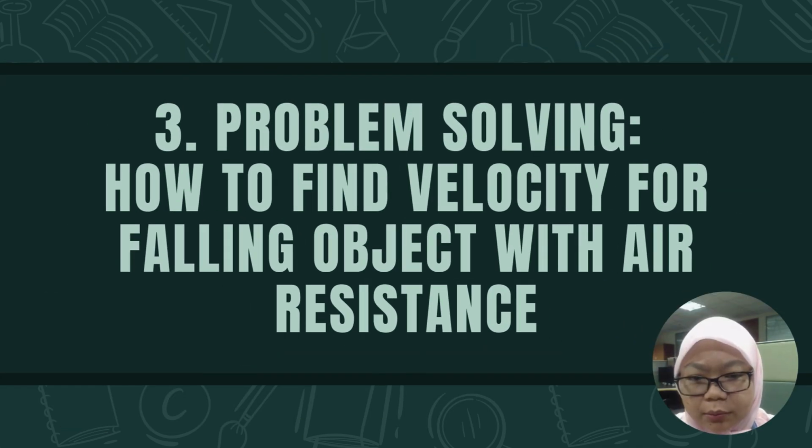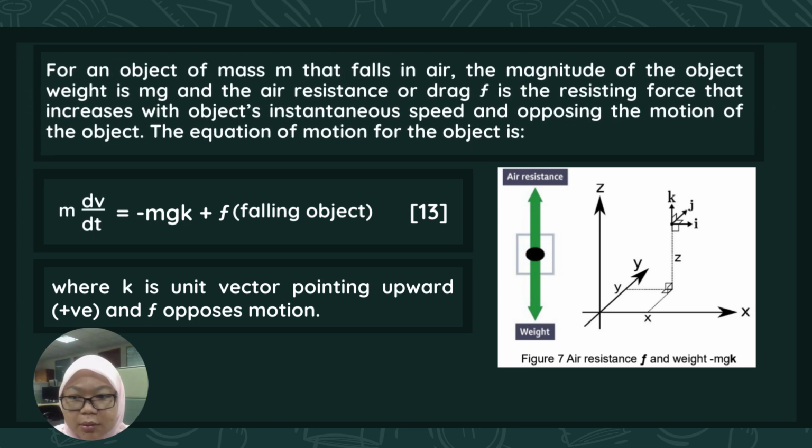Next, I'm going to present problem solving: how to find velocity for a falling object with air resistance. For an object of mass m that falls in air, the magnitude of the object's weight is mg, and the air resistance or drag F is the resisting force that increases with the object's instantaneous speed and opposes the motion of the object.